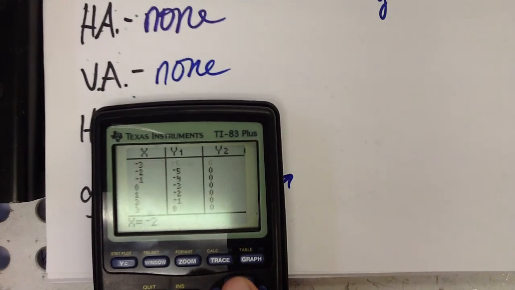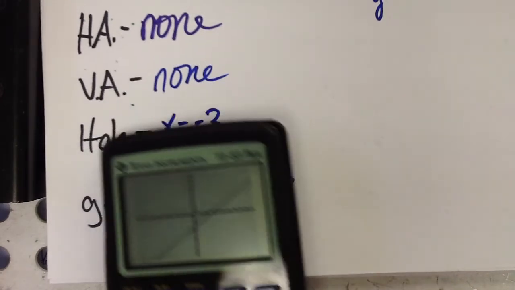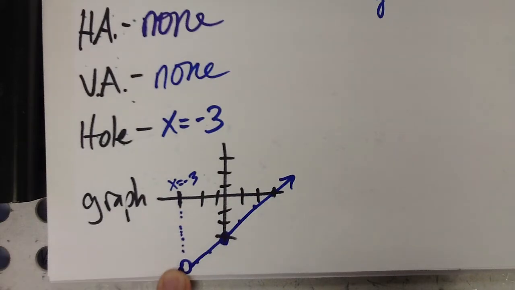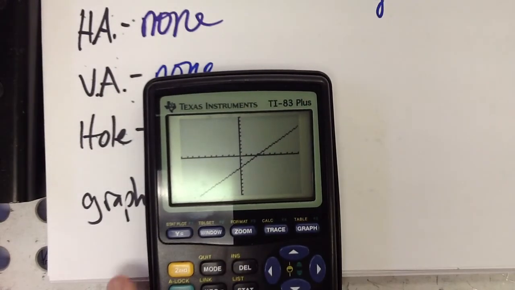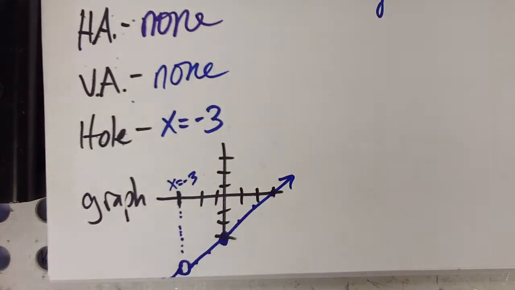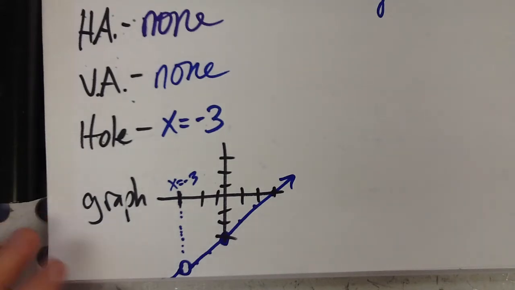Well, when you get to negative 3, you're going to see a problem. You're going to see an error message. But again, it's not going to show up on your graph. You're going to have to do the algebra to find this hole. So if y'all just copy what's on the calculator blindly, you're going to completely miss that problem on a quiz or a test. I'm looking for your algebra. Again, the calculator is not always the most useful thing to do.